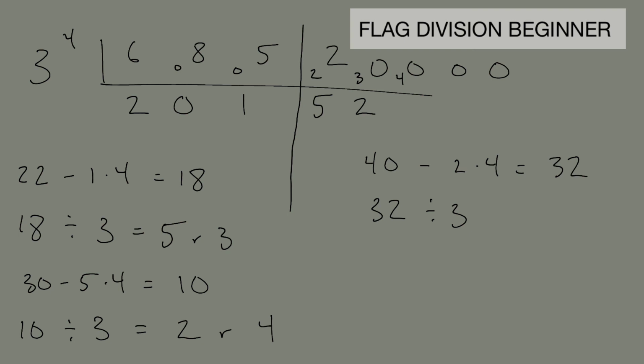Once again, this is just the same pattern. 32 divided by 3: 9 times 3 is 27, the closest we could get. So 9, remainder 5.